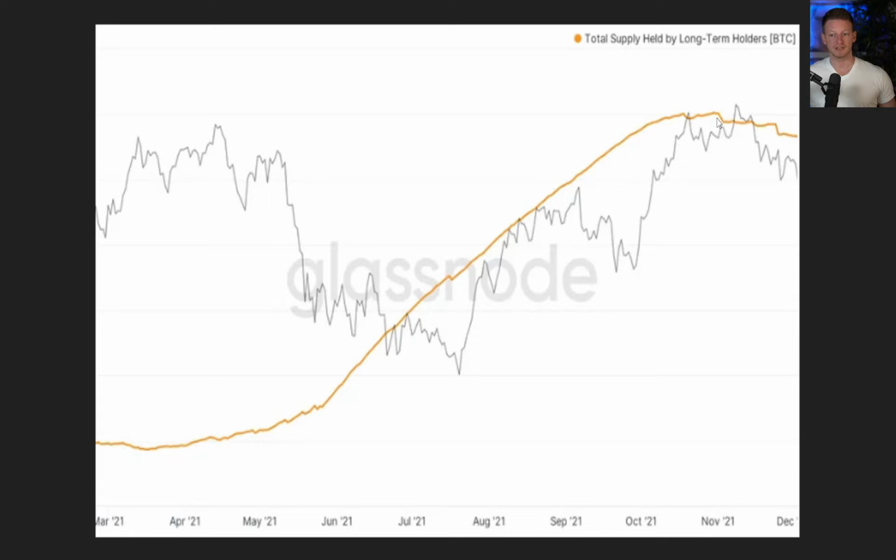I think there's a lot of evidence to suggest that at the moment, the Chinese market, be they long-term holders, short-term holders, it doesn't matter, have been getting rid of their assets. And I think that's why we've seen this general downward trend, which started in early November and went through December. Now it will be interesting to see if this plateaus off.